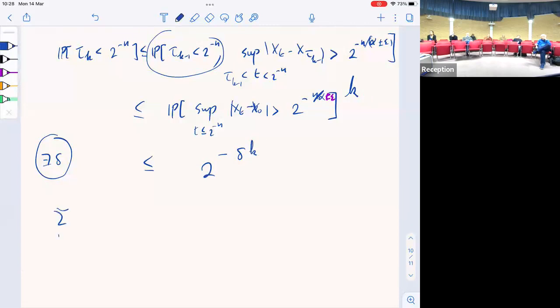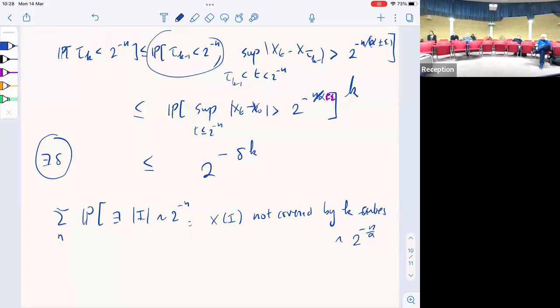The point is, if you take the sum over n and consider the probability that there exists an interval of side length 2 to the n, that is not covered by k intervals or k cubes of side length 2 to the negative n over alpha, then this just means that you have something like this happening with a particular k. If you take the sum, you see that there are in total 2 to the n such intervals, and 2 to the negative delta k, which eventually goes to finite.